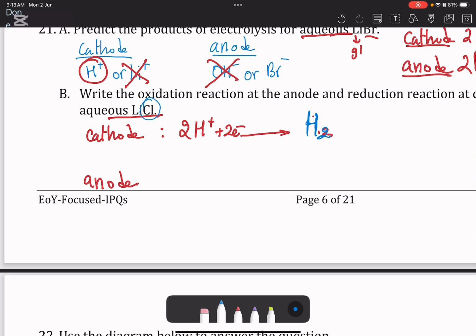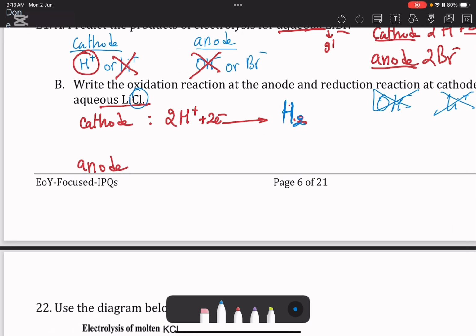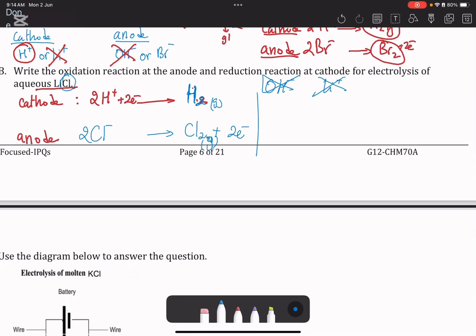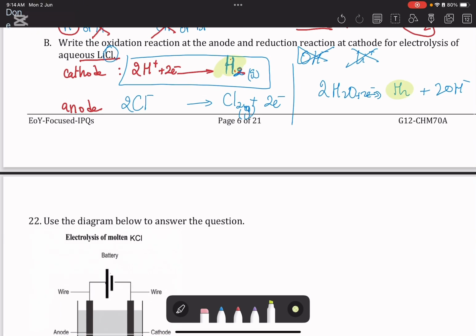At the anode, it's Cl minus, so OH minus is not discharged here. It's the Cl minus that is going to give me Cl2 gas. So that's a gas and that's a gas. In the answer key, you will find the answer written 2H2O giving H2 and 2OH minus. That's another way to write the reduction at the cathode. At the end of the day, in both answers, we obtained H2 gas.